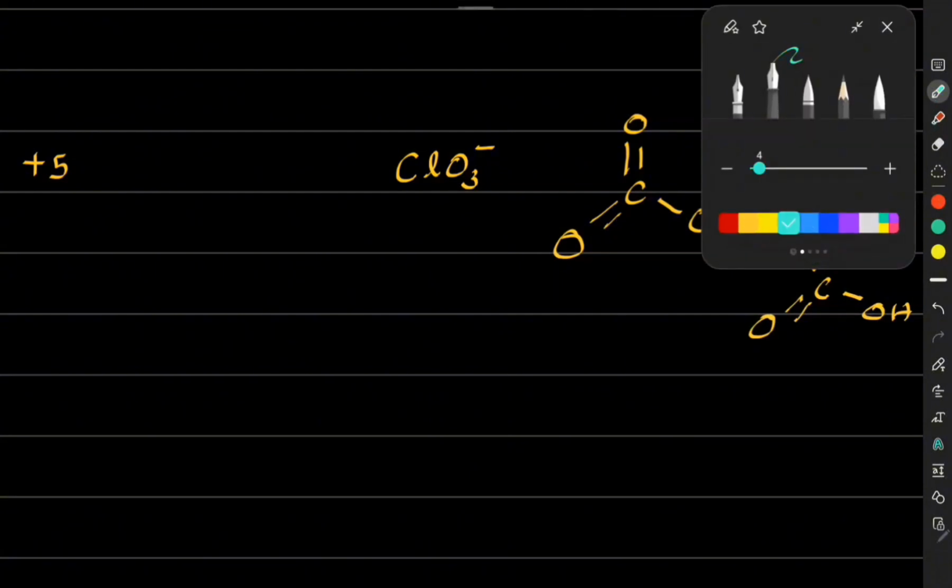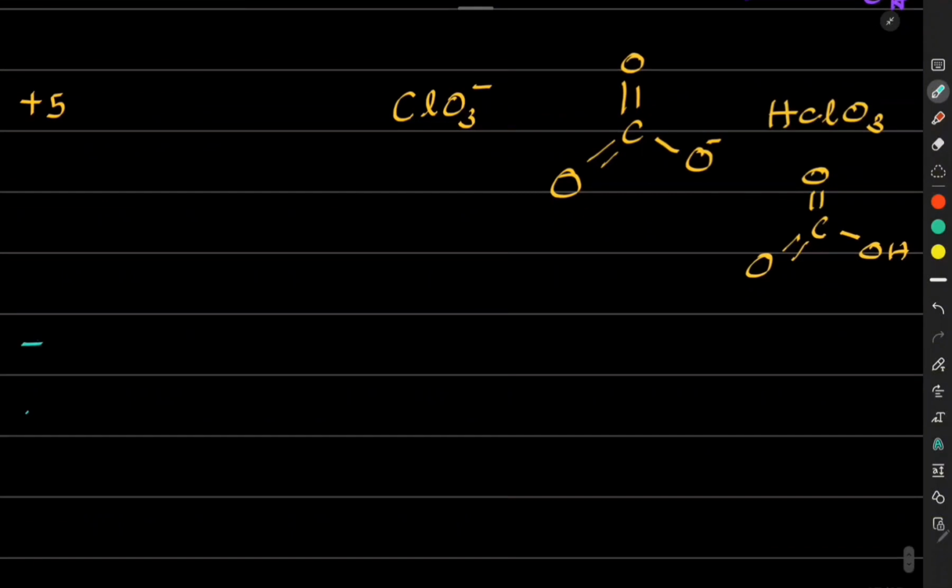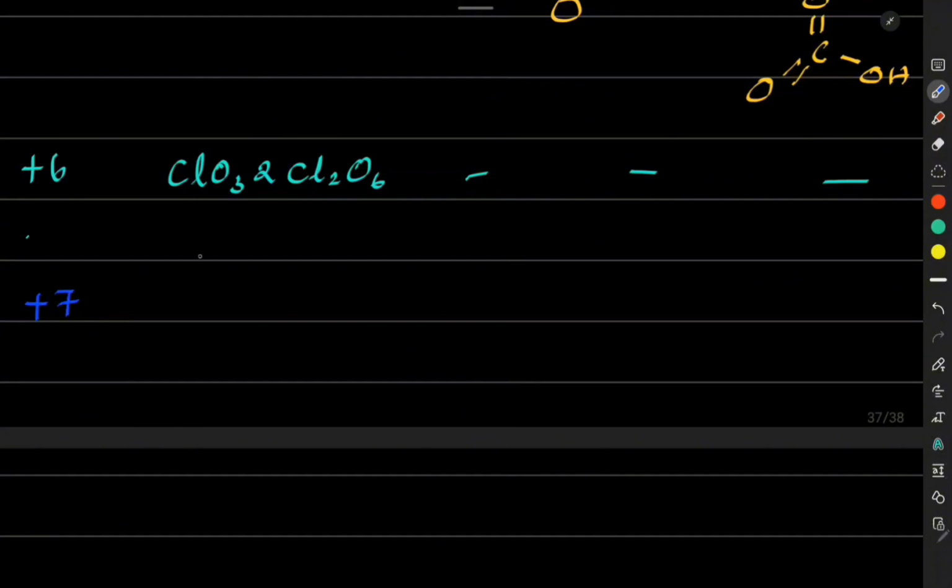The next one is +6. In the +6 oxidation state, we have two oxides, ClO3 and Cl2O6. We don't have any oxo anion or oxo acid. In the +7 oxidation state, the oxide is Cl2O7 and the anion is ClO4 minus.